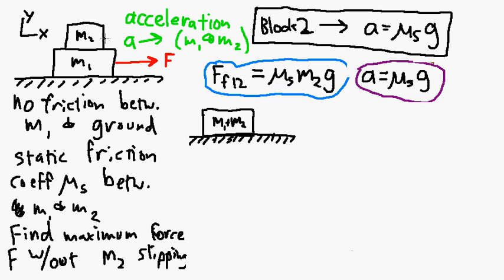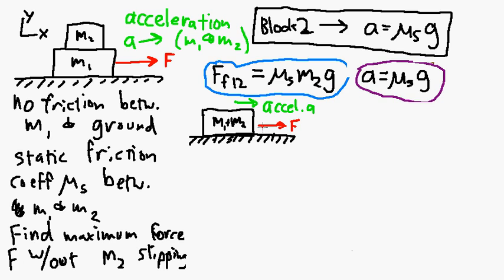Both of these blocks are accelerating at the same rate, right? So the acceleration of this system, of this pair of blocks, is just a, to the right, and this force is acting on the system.